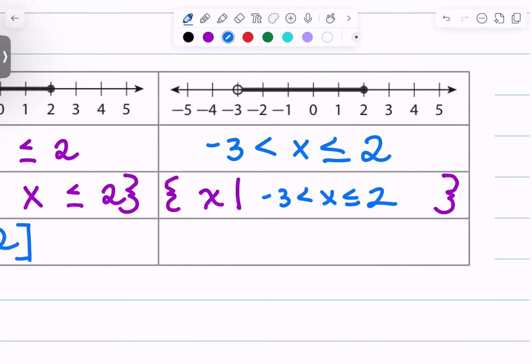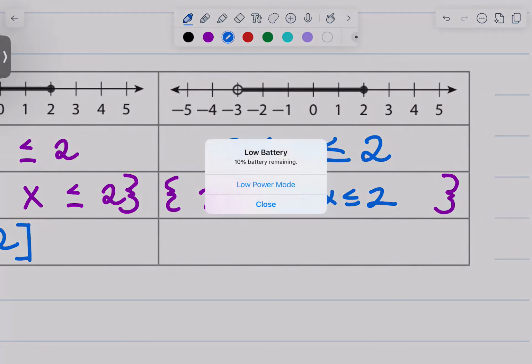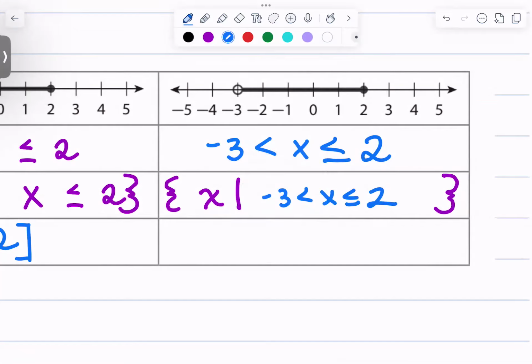Interval notation. Lowest number is -3, comma. Highest value is 2. Around the -3, parentheses or brackets?